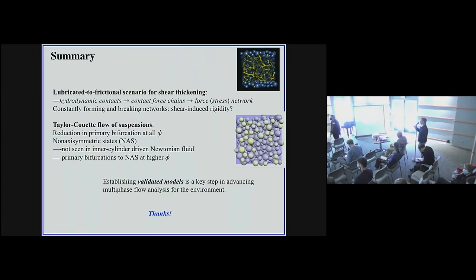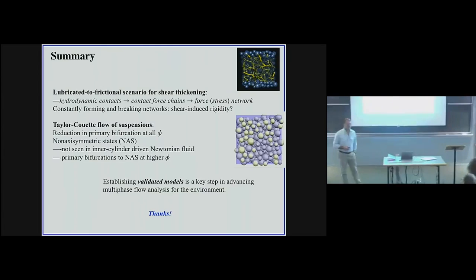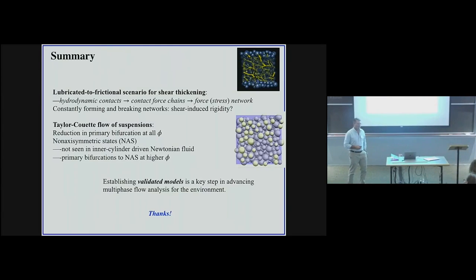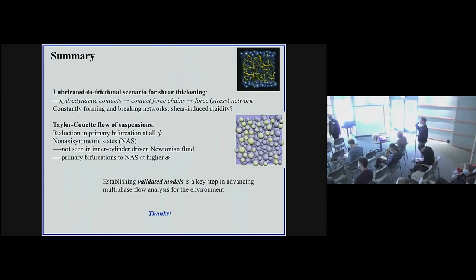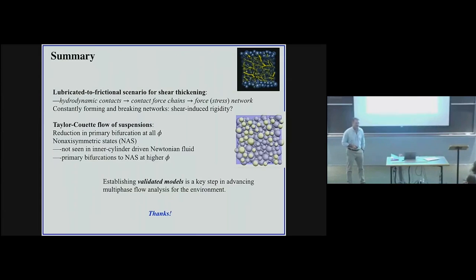I mean, you know it's a crazy idea, but I'm just saying, if you're at the shear jam line at a given friction coefficient, that's dominated by all the contact forces, and then I can get sort of weaker or less compact contact networks if I go to higher friction coefficients, even in the static limit. I'm saying, is there any analogy between that and the finite hydrodynamic forces? Or we could just talk about it. We'll probably have to talk about that because I'm not sure I see the picture.